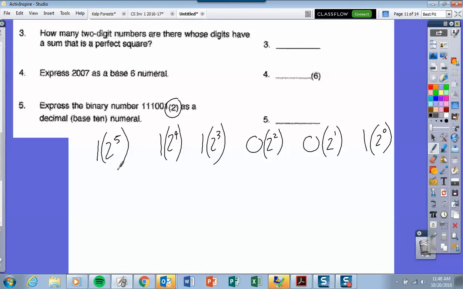Now with all of these numbers that I have here, we are going to find the sum of all of them. So if we go through and do that, 2 to the fifth is 32 times 1 is 32.